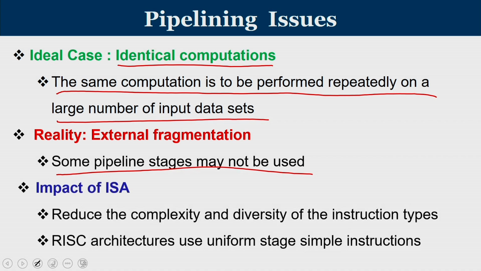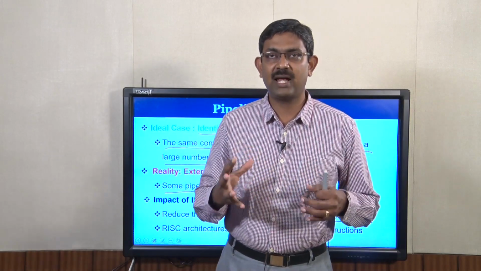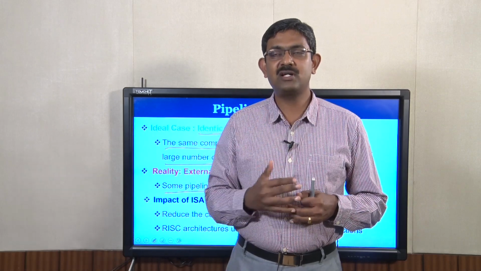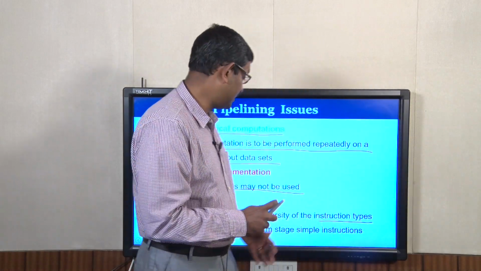What is the impact of the instruction set architecture? You reduce the complexity and diversity of instructions. Don't go for a wide variety of instructions. Keep all instructions of uniform type so that we can accommodate all these instructions in the 5 stages of an instruction pipeline. So, reduce the diversity of instructions, make all instructions look similar so that I can make use of all of them to pass through the common set of stages.